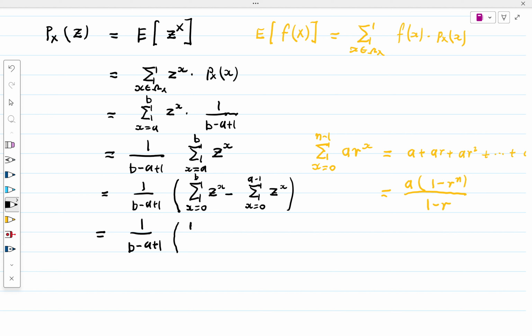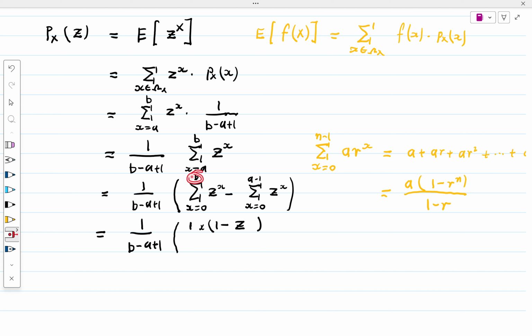So our a value is 1. And then we've got times 1 minus z, apologies, z to the power of. Now, careful here because the terminal is b. In our example, the terminal is n minus 1.